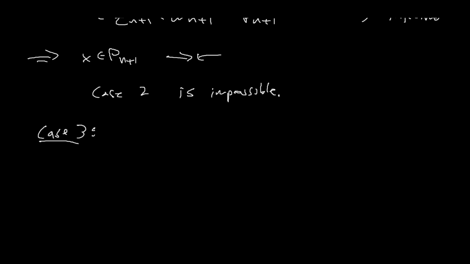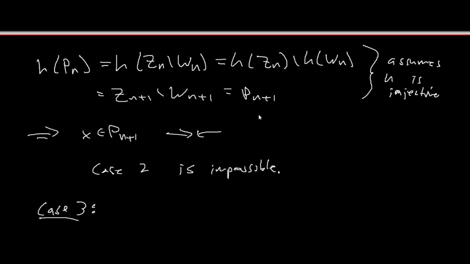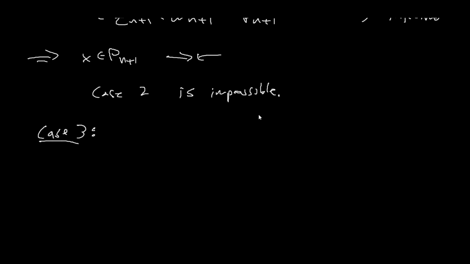There's one more case left. There's also a variant of 2 in which the roles of x and x prime are switched, but that is essentially identical to case 2, so we'll not have to concern ourselves with it. The only real remaining case is case 3, and that's when x is not in any Pm and x prime is not in any Pn for all m, n.